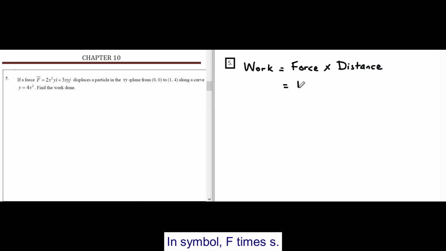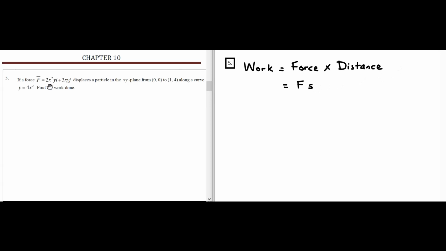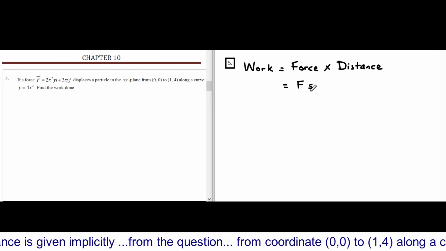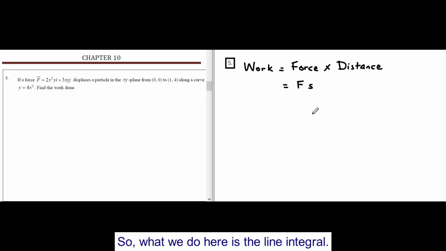In symbols, F times S. In this case, we have the force. How about the distance? Distance is given implicitly from the question, from coordinate (0, 0) to (1, 4) along the curve. So what we do here is the line integral.